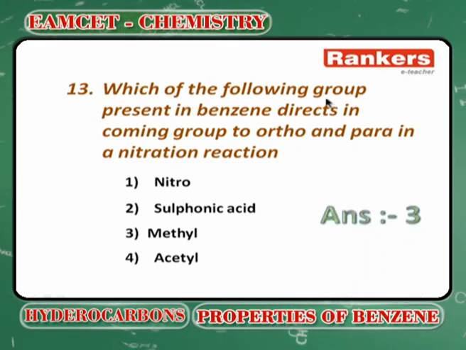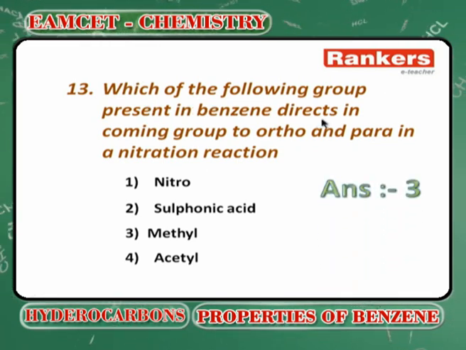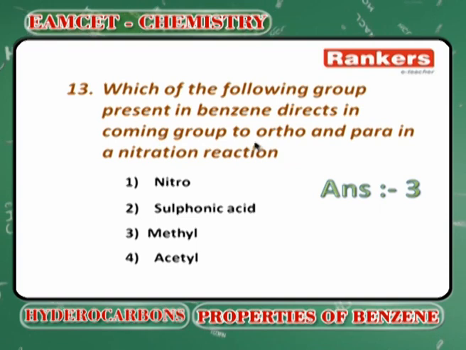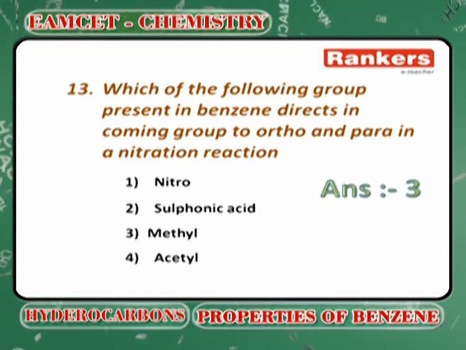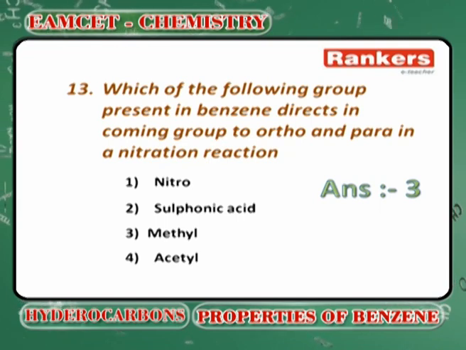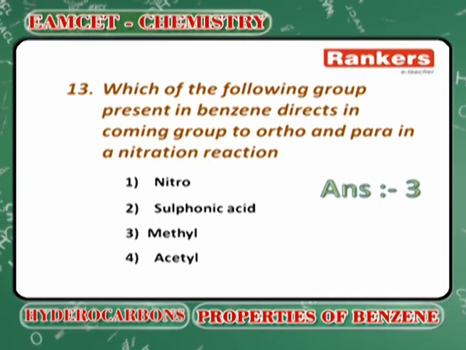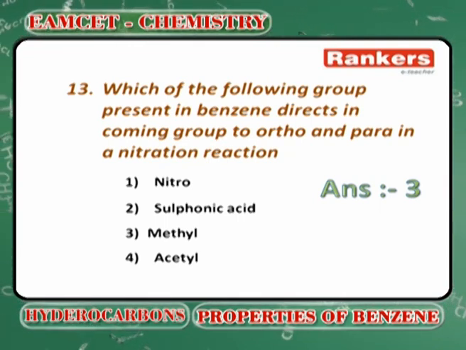Next, which of the following groups present in benzene directs the incoming group to ortho and para in a nitration reaction? The nitration reaction is specified because we have to define what reaction you are doing. In fact, some ortho-para directing groups become meta-directing when the reaction is altered into nucleophilic substitution.